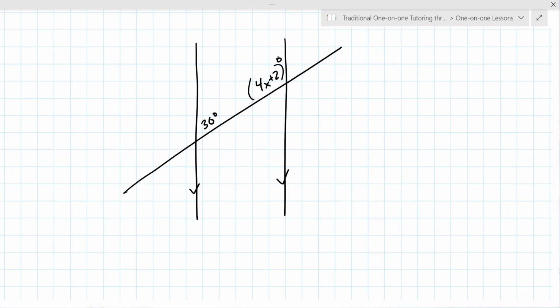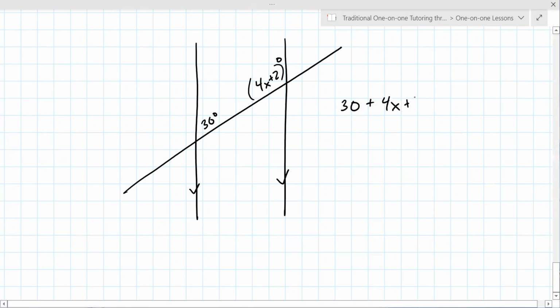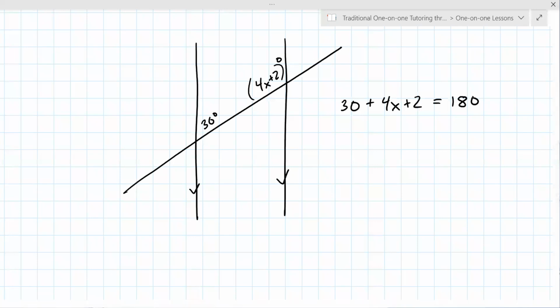So what do the two angles have to add up to in this scenario? 180. Okay, so 30 plus 4x plus 2 equals 180. I want you to try solving this from here.